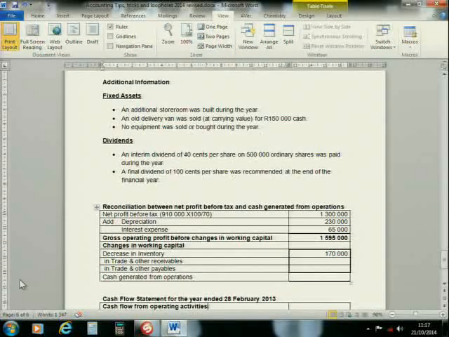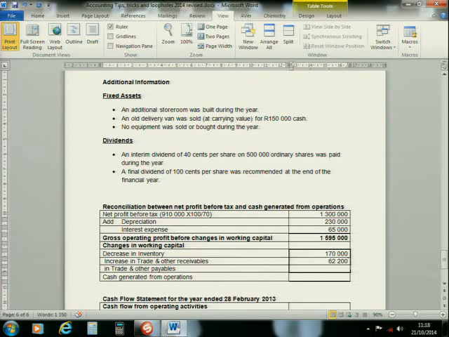Let's go there. Increase in trade and other receivables of 62,200. What does this increase mean for cash?